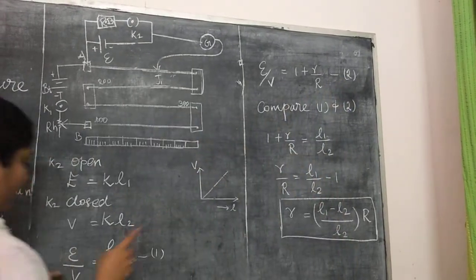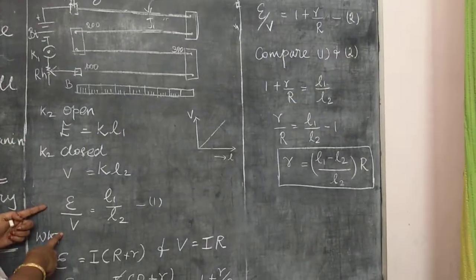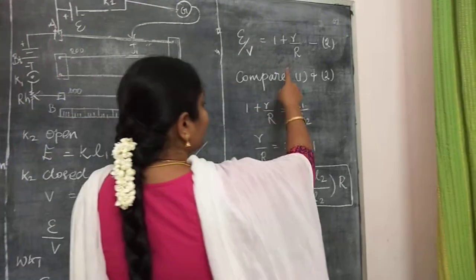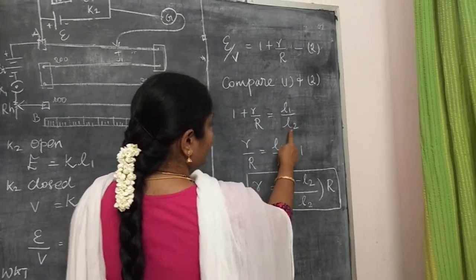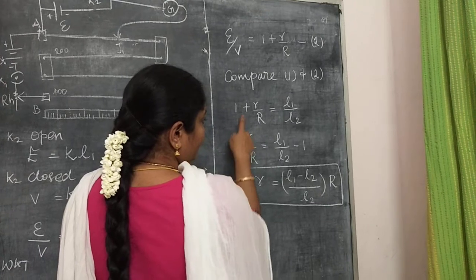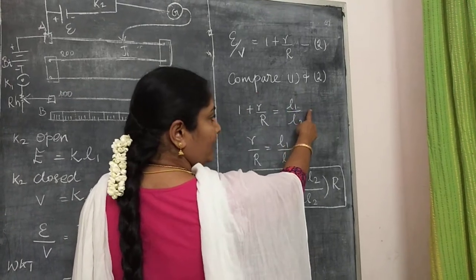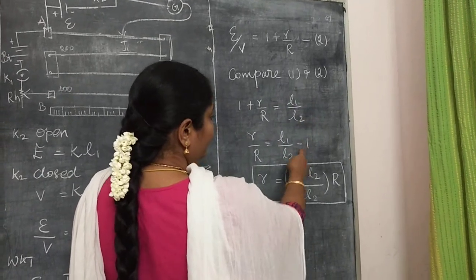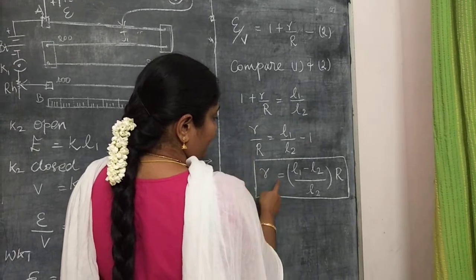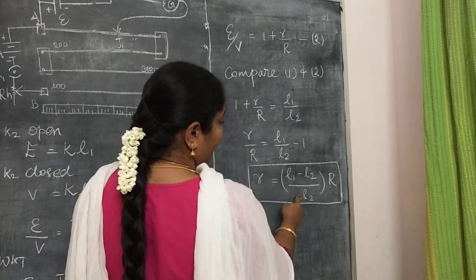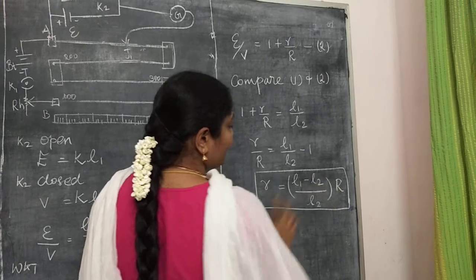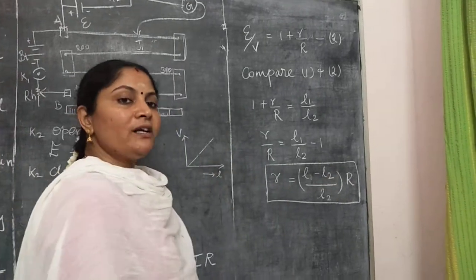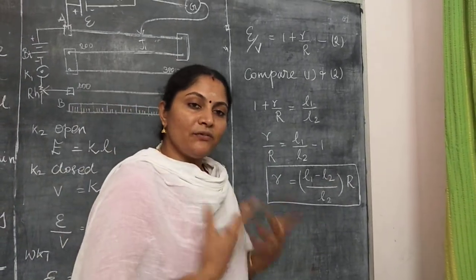In these two equations the LHS are the same, so we can equate the RHS. I need the value of small r. When the 1 moves to this side of the equal sign it becomes minus 1. So small r is equal to (L1 minus L2) by L2 into capital R.